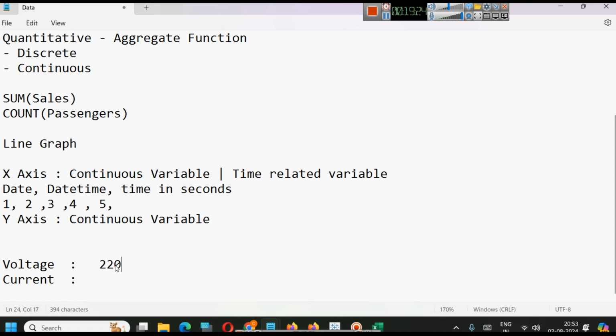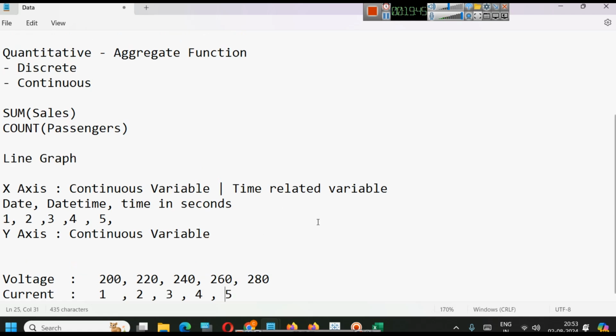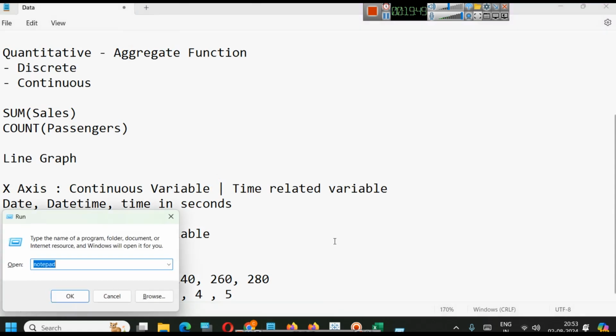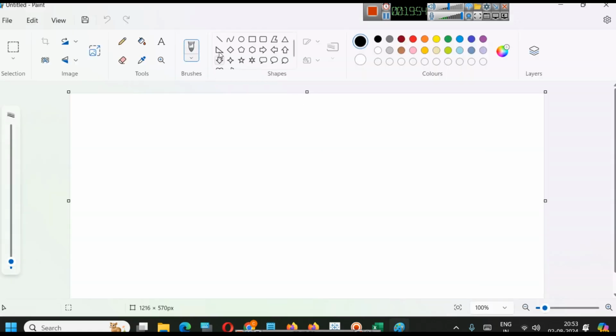So let's say when voltage was 200, then it was 220, then it was 240, then it was 260 and 280. So current was 1, 2, 3, 4 and 5. I'm just giving a very basic situation. In this case, if you will plot a graph, what will be the best way to plot the graph?